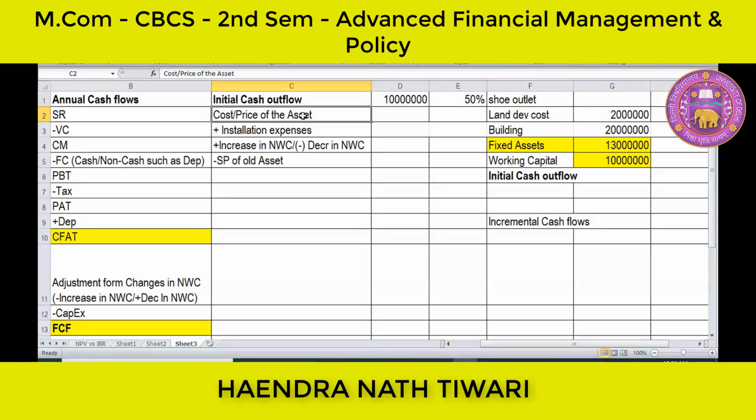But now there may be some tax adjustments also here. Some tax adjustments. Kaise? Let's see. You had an old machine that cost rupees 50,000. And you can sell it in the market for, let's say, rupees 90,000.